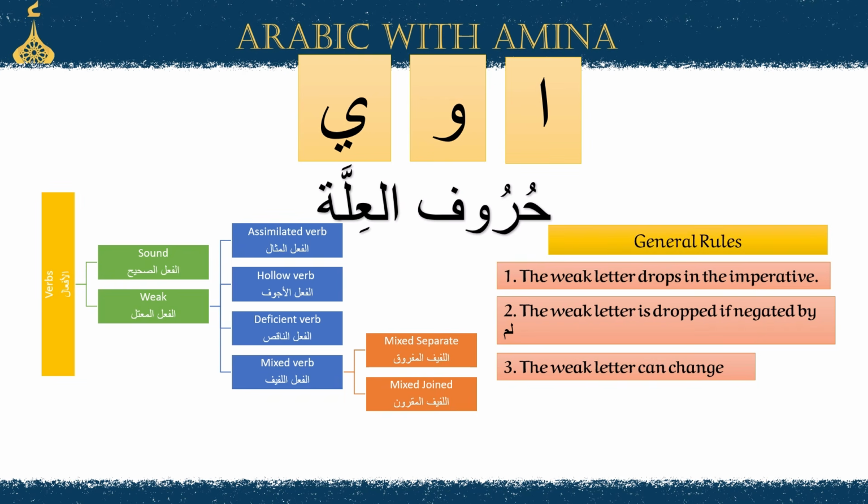And we talked about the 3 general rules that govern how weak letters behave. Drop in the imperative, drop within majzum or jussive case, and if an alif can swap into a different weak letter, depending on the tense.